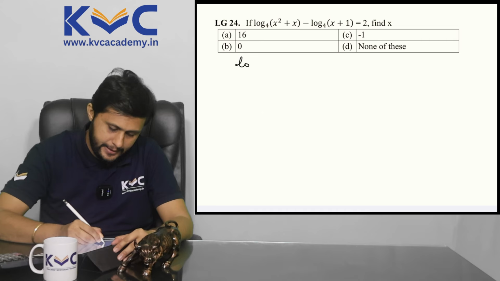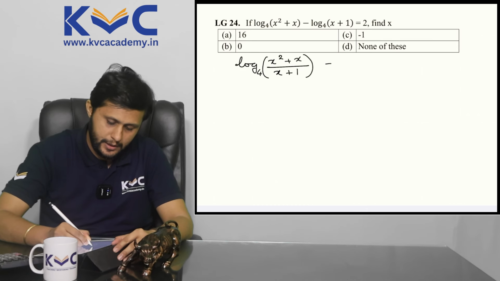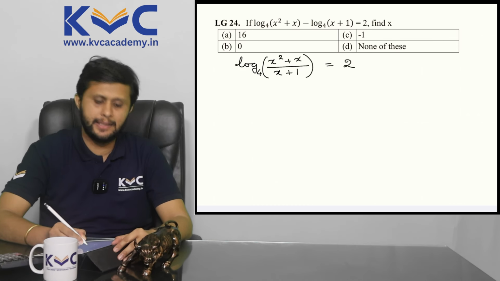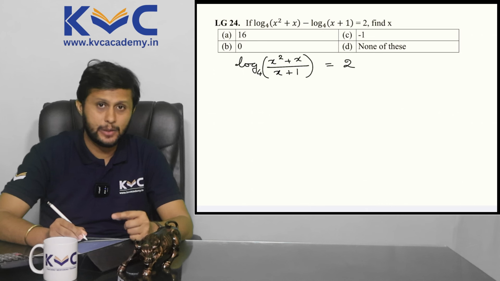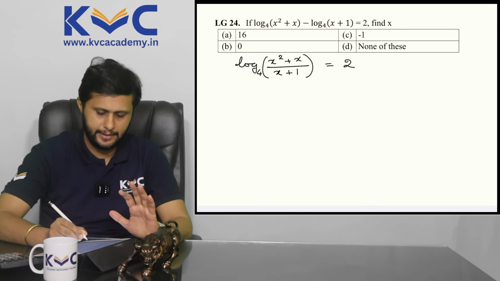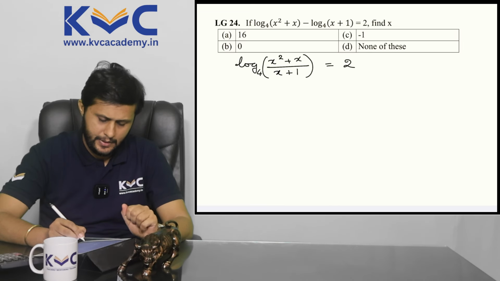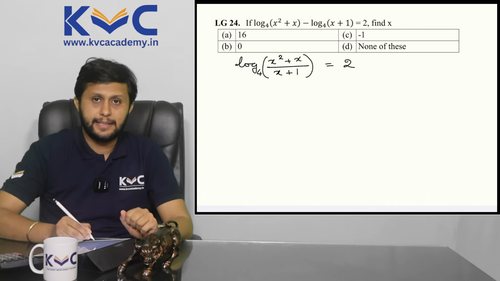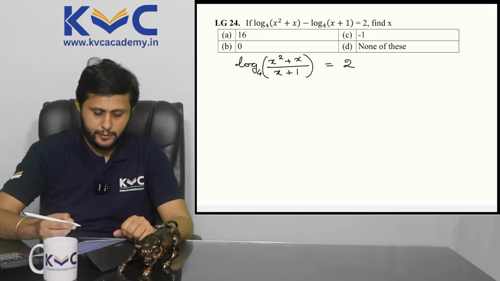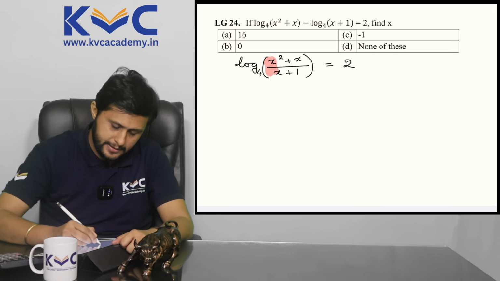So we will write it as logarithm of x square plus x divided by x plus 1 to the base 4 equal to 2. What have I done? I have taken log m minus log n is equal to log m by n. Correct? Okay. What next now? We will convert this to exponential form. How to convert this to exponential form? Remember this answer.